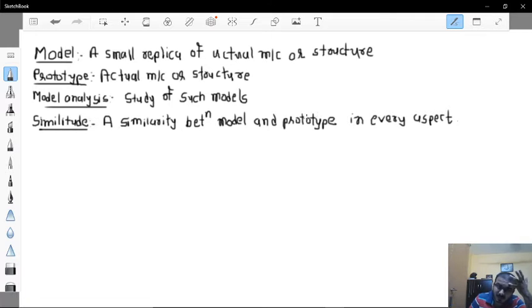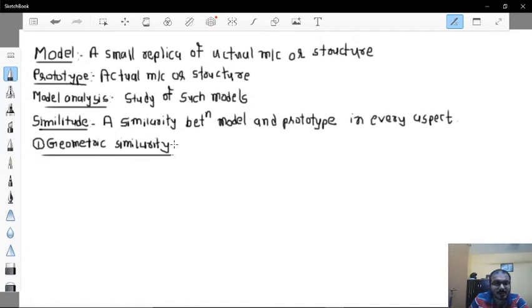Now there are three types of similarities. Let us define the first similarity. First is geometric similarity. So as the name suggests, the model and prototype both will have similarity in terms of geometric aspects.